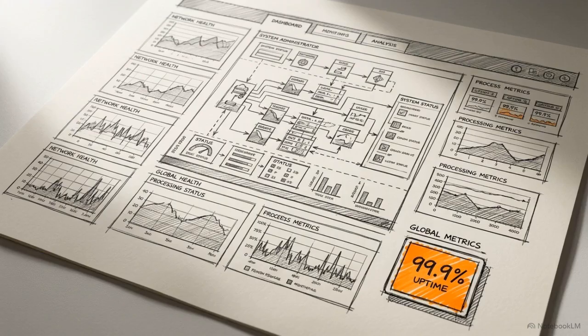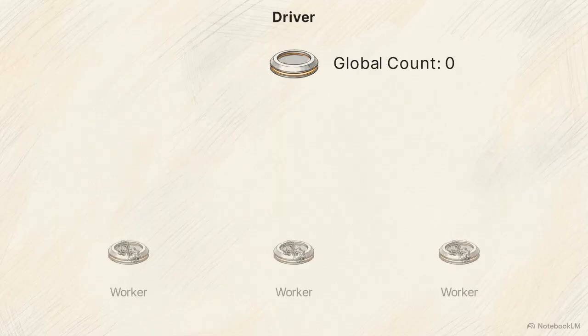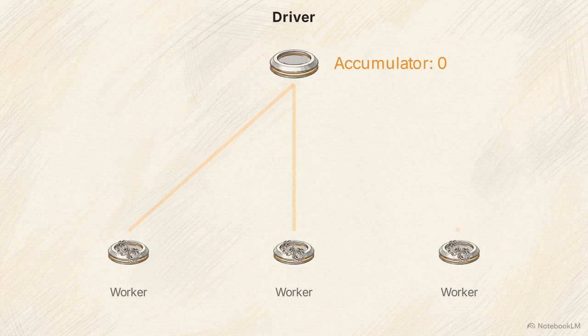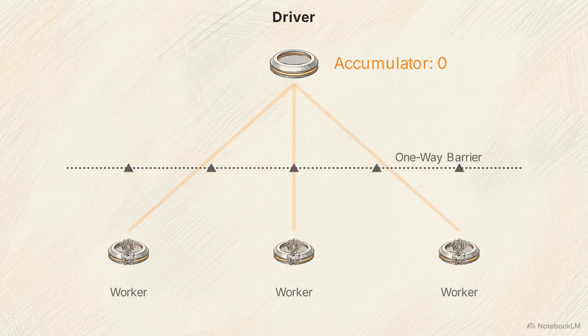The final challenge in distributed state management is tracking global metrics, like a count of data errors, without triggering an expensive network shuffle. Standard variables cannot do this. Because workers operate in isolation, any updates they make to a normal Python variable are never propagated back to the driver node. Spark solves this through accumulators, which are shared variables designed specifically for parallel addition.